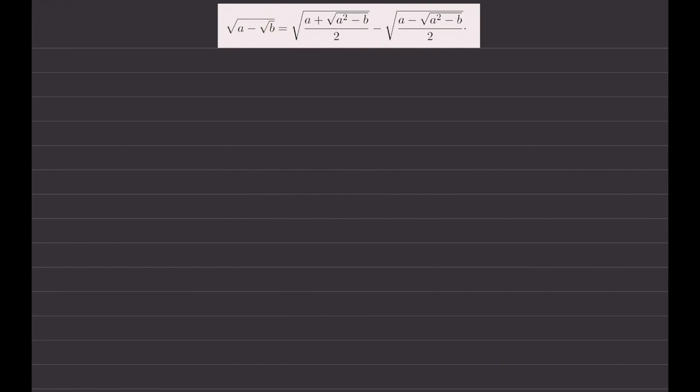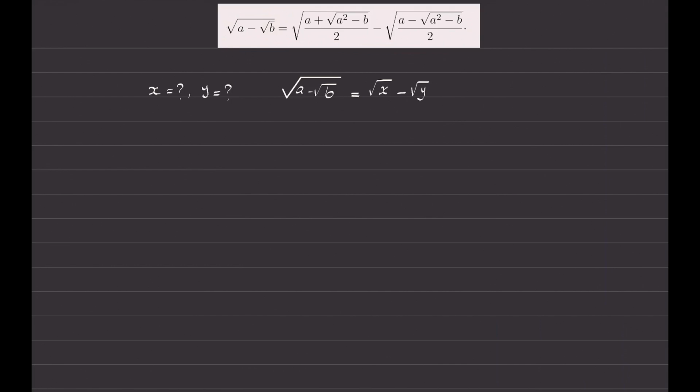So in other words, it might seem natural, based on experience, that you might ask yourself, is there any number x and any number y, so that I can write this square root of a minus square root of b as, for example, square root of x minus square root of y? Okay, so this is just a guess to see if it is working or not. But then I'm trying to see if I can find such x and such y so that it works.